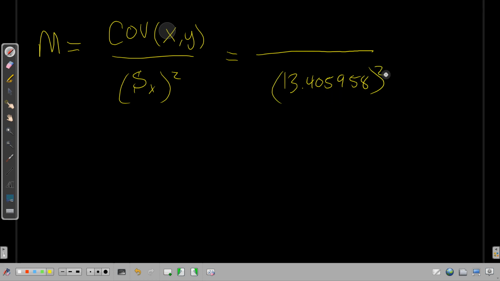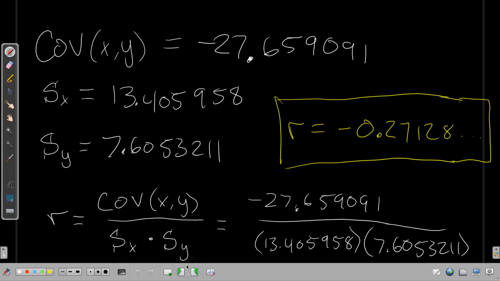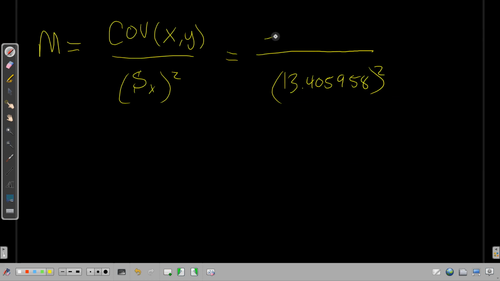We would square it, and my covariance was minus 27.659091. Okay, so when I use my handheld calculator, I get a slope of minus 0.1539.